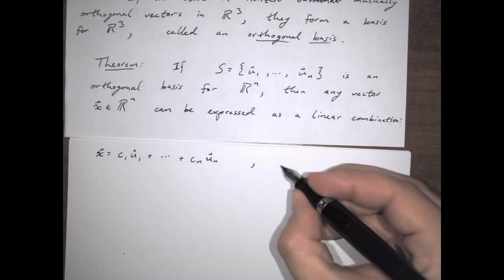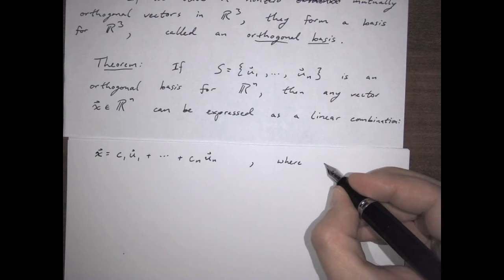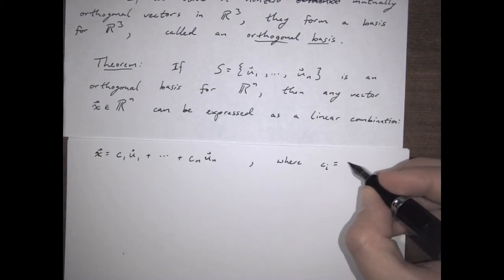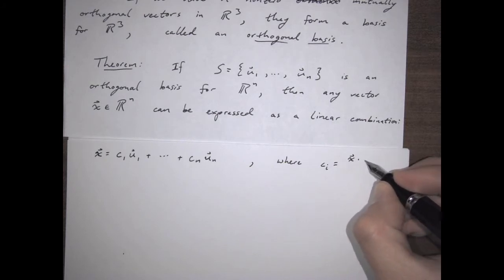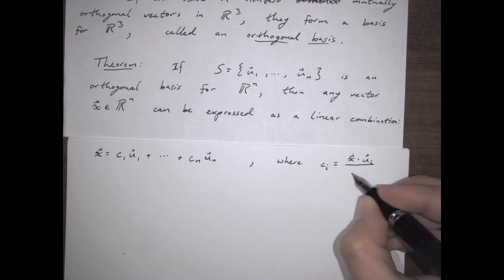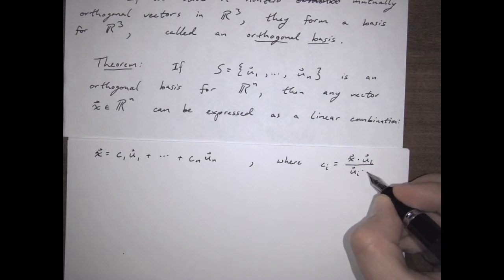Where ci is equal to x dot ui divided by ui dotted with itself.